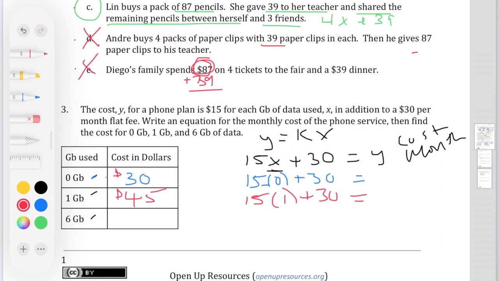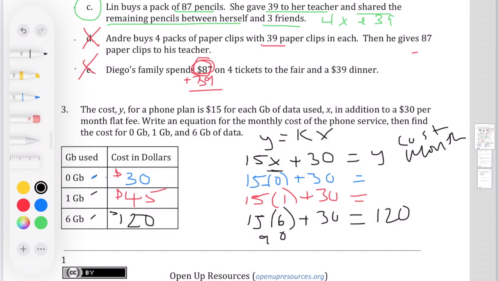Now the sixth option here is the 6 gigabytes of data. So we're going to plug that in for X. So 15 times 6, and that actually gives us 90. So 90 plus 30, and that's going to set up $120 for us that month.